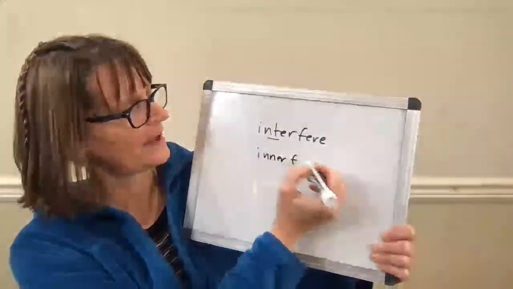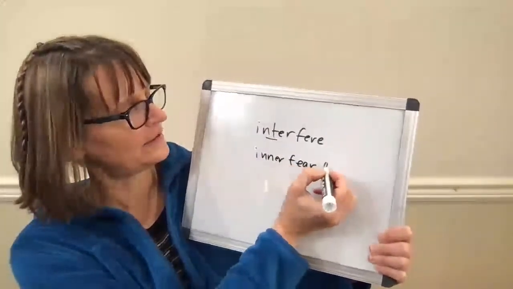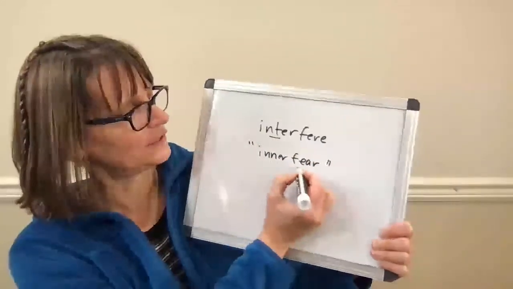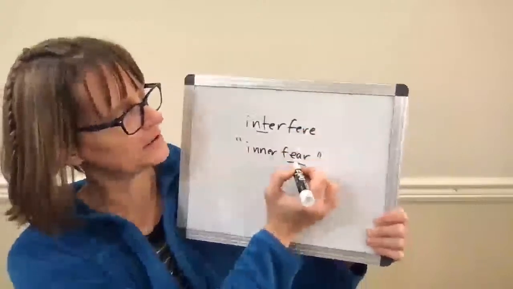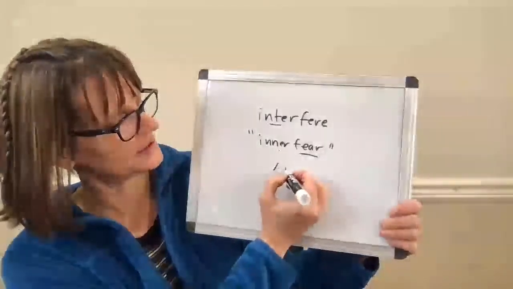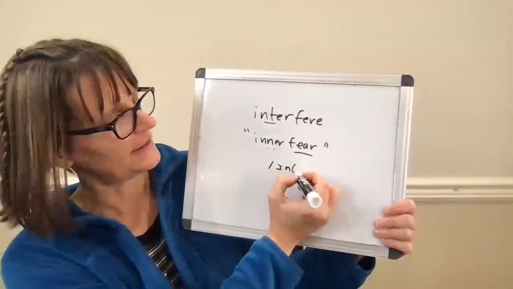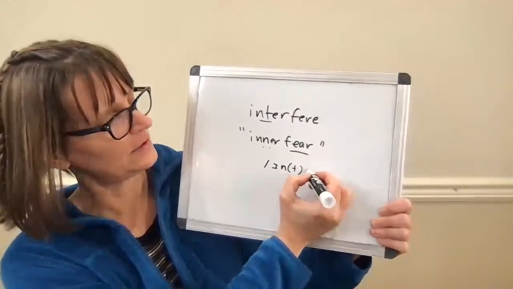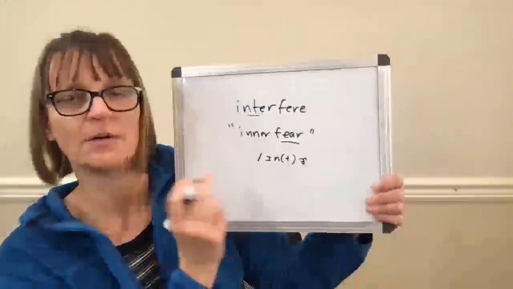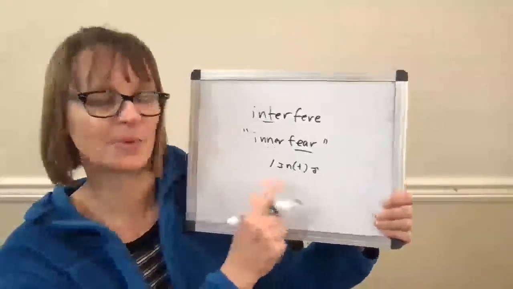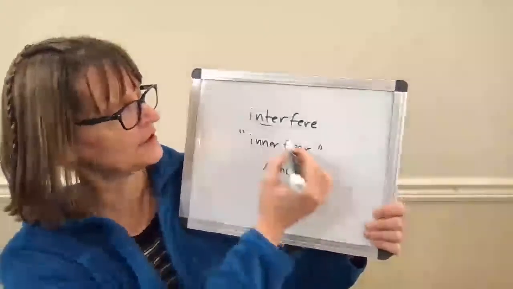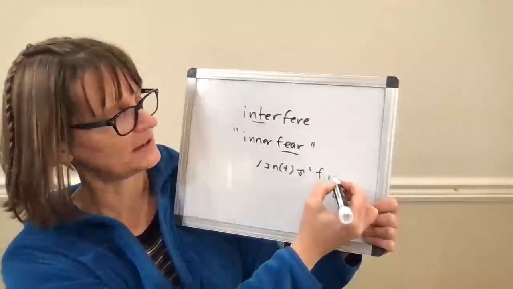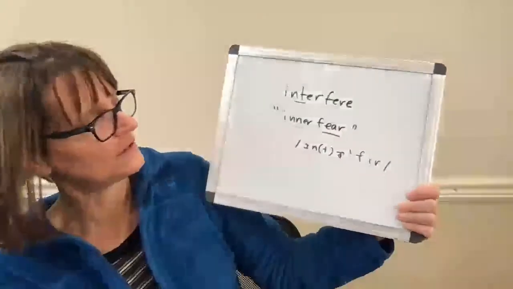And then interfere, that has the ear diphthong. So it would look like this. And then we might leave that T out. We have a strong tight back but actually not strong, weak, short. So inner, and then my stress is on the ear, interfere.